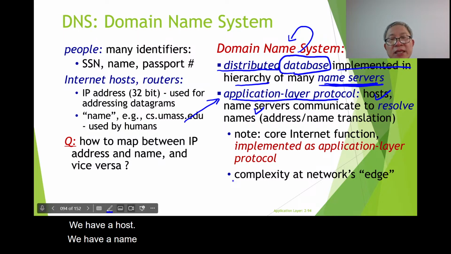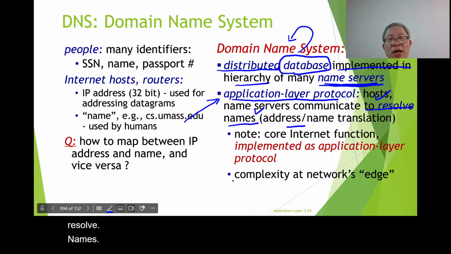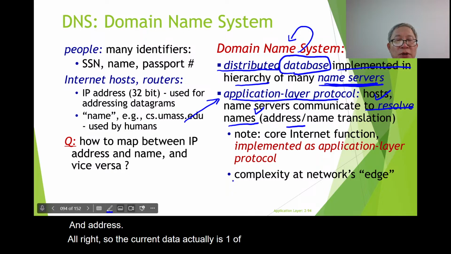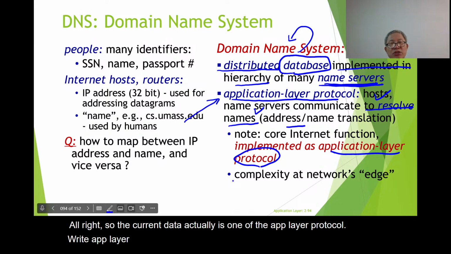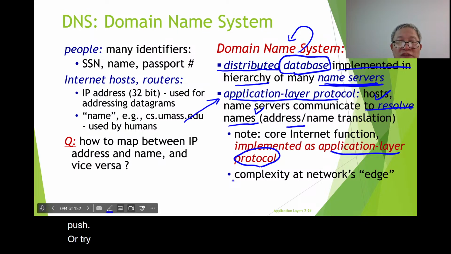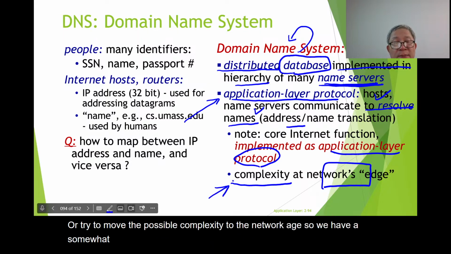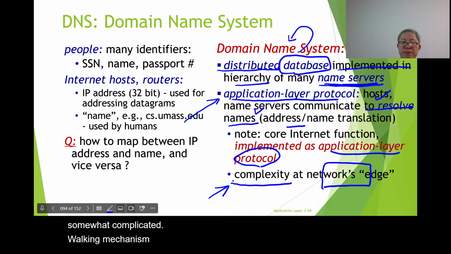Host and name server need to communicate to resolve names and addresses. So DNS is one of the app layer protocols. And we made the core to be simple. So of course we will try to move the possible complexity to the network edge. So we have a somewhat complicated working mechanism at the network edge.